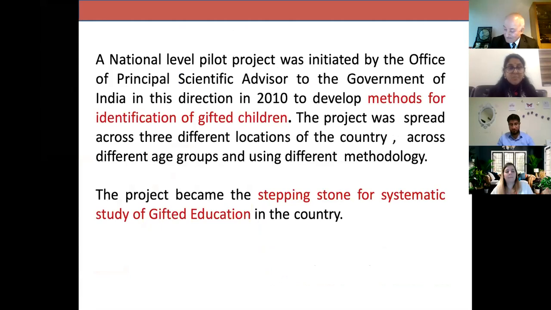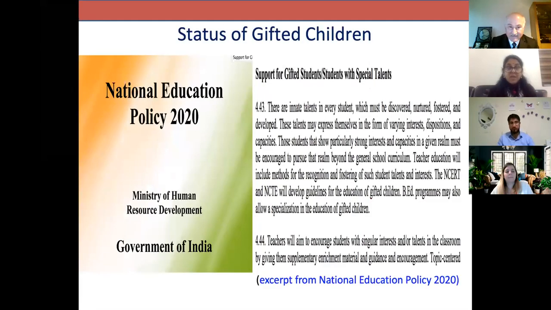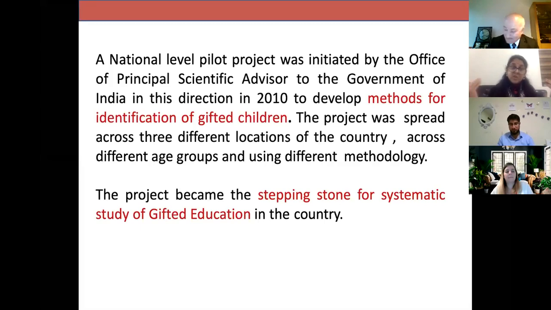But the background to this goes much before. This 2020 policy came into force on 27th August 2020.